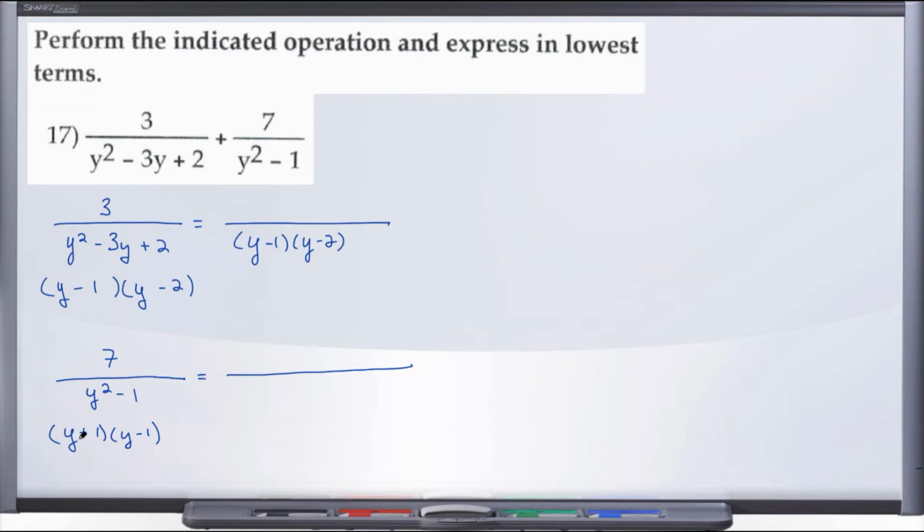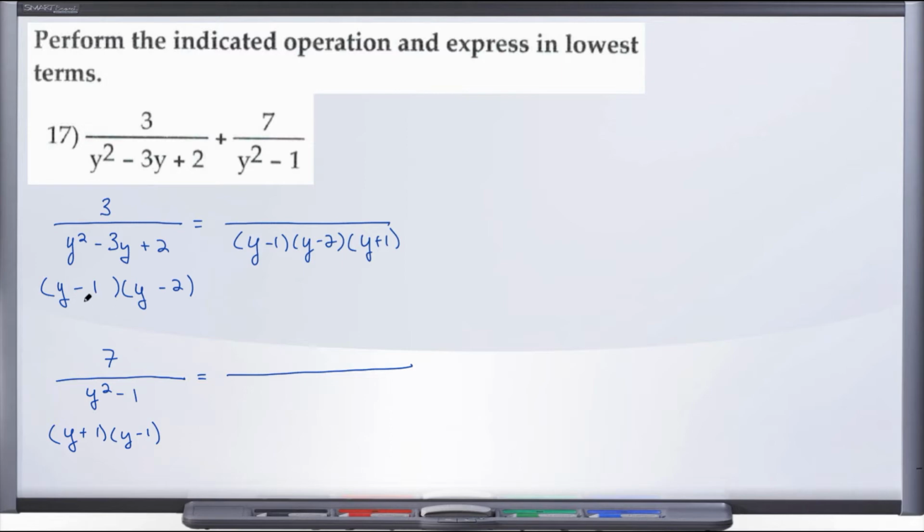Y plus 1 was not in our first denominator, so since y plus 1 is unique, it has to be part of the common denominator. So y plus 1. And the second factor here, y minus 1, was already included from this denominator, so we don't have to rewrite it.